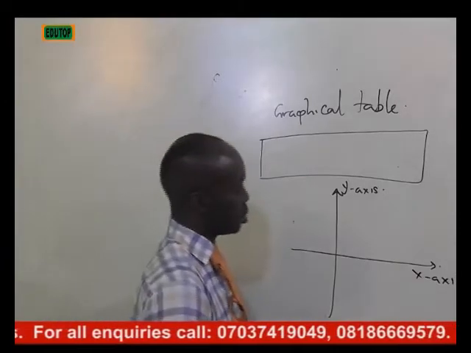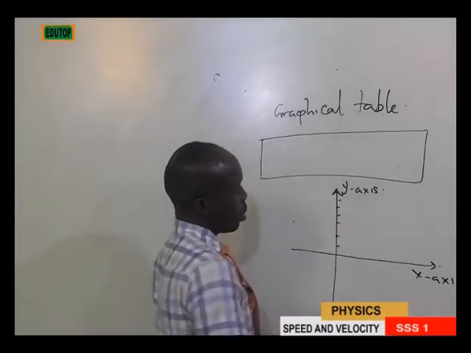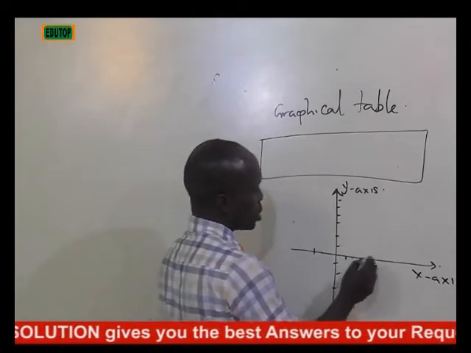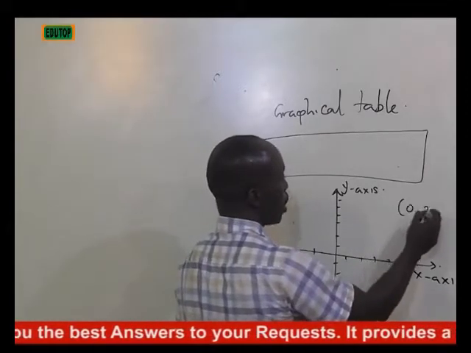Now, what are you actually trying to do? For you to plot a graph, it's just like plotting points of the vertical axis against points of the horizontal axis. Let me say I want to plot 0,2.